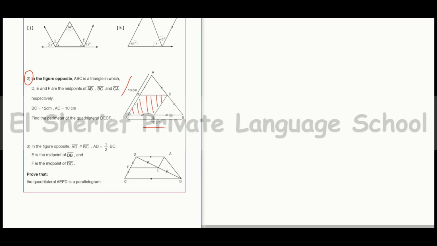At first, since F and D are two midpoints of AB and AC, the two sides of the triangle, so FD is parallel to BC and equal to half of the length of BC.